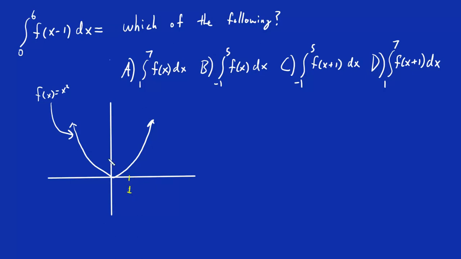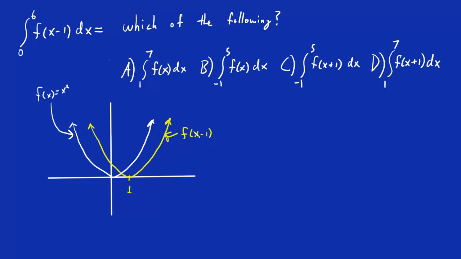So if this was 1, you would have this function that looks like this. Okay, so this would be f of x minus 1 because it shifted over by positive 1.